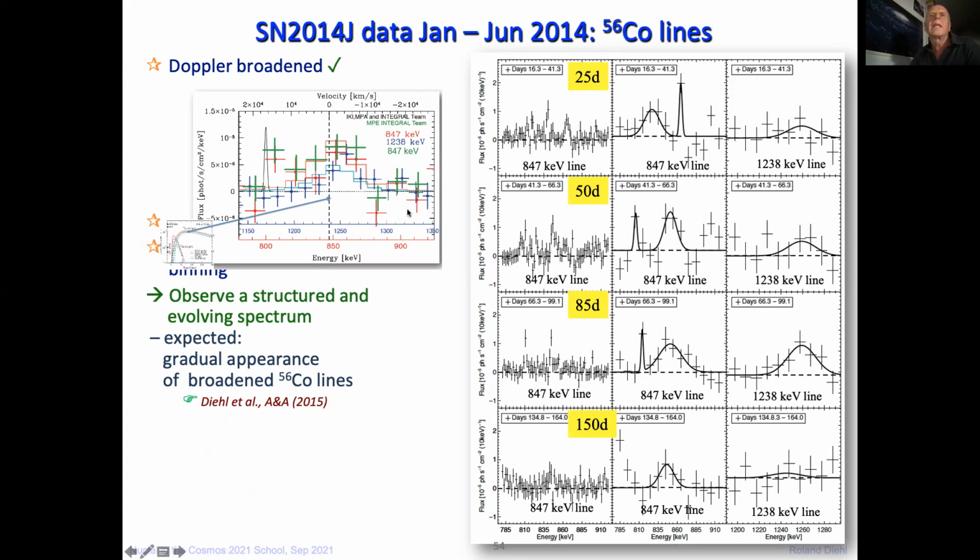And when we split that up into epochs, typically 25 days apart, then we have spectra that are now shown in full resolution, so not with the crude binning that is shown here, but actually with a much finer binning that should be close to the instrumental resolution. And there, when you look now for the different epochs, you have actually a problem to see the broad lines that one sees clearly in the time-integrated signal.